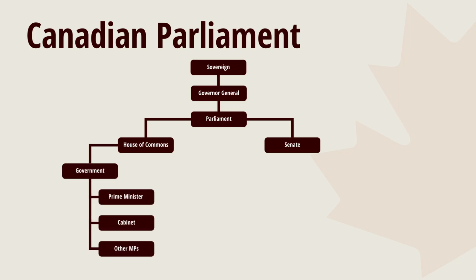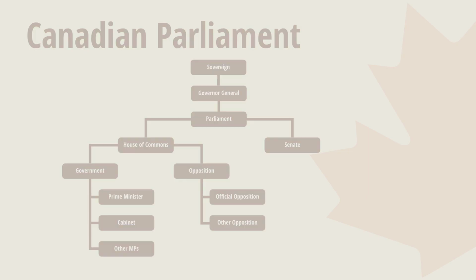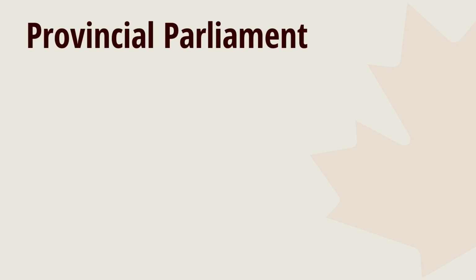The House of Commons is where we find the Prime Minister and the Cabinet Ministers. There are also other government members of the political party in power and the opposition parties. The provincial parliaments are almost the same.